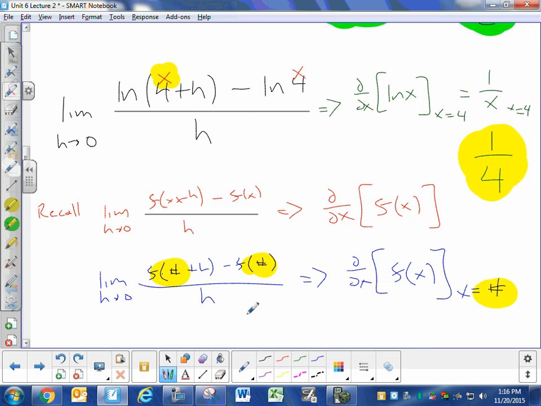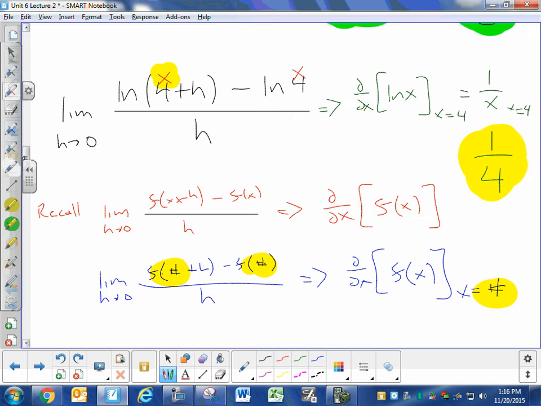I thought, oh, this must be the derivative of the log of 4. But no, it's the log function when x is 4. So we already have the derivative. The derivative of the problem is log of x. Now, the derivative of log of x is what I need to find when x is 4.